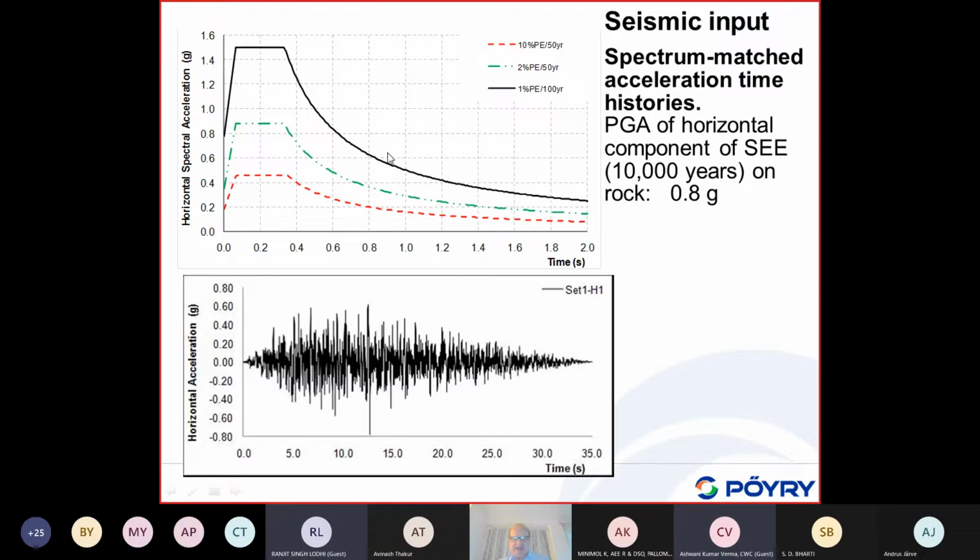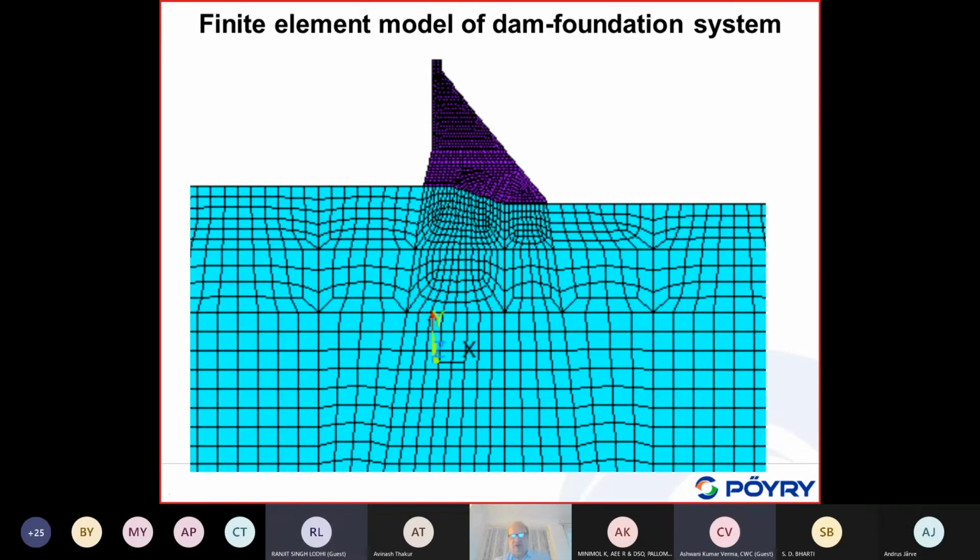Usually this acceleration spectrum comes from a seismic hazard analysis, and rather than synthetic acceleration time histories, people like to use recorded acceleration time histories, which then are matched or modified in a way that they match this target response spectrum. That is the procedure which is being done. So for this dam, the finite element model was used, like shown here.